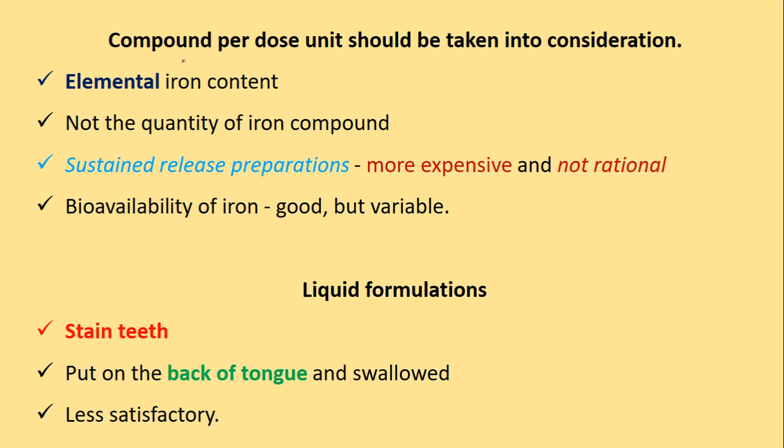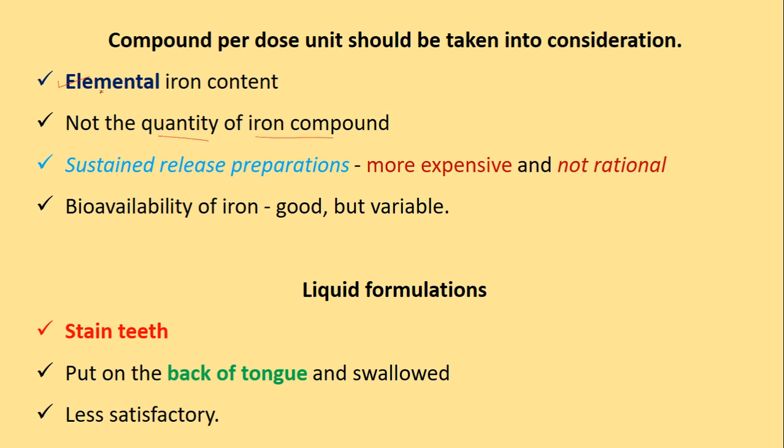So whenever you are calculating the dose, the iron compound per dose unit should be taken into consideration. So what consideration will you make while choosing the dose? You should be choosing the elemental iron, not the quantity of the iron compound.